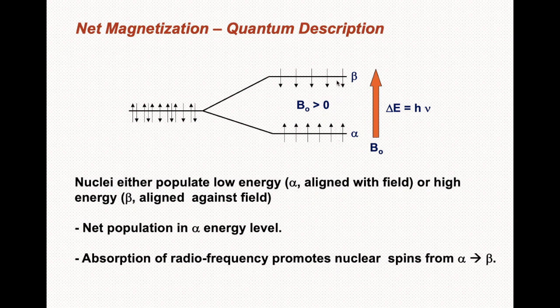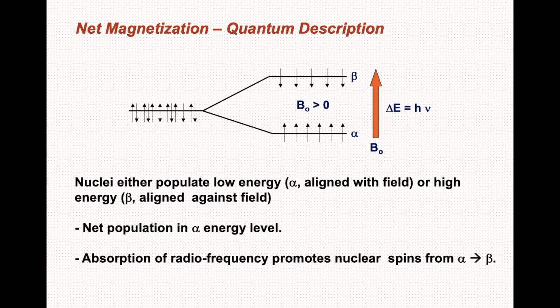When the frequency of the applied radiation, to be precise the radio frequency, matches the energy separation, the alpha spins will make a transition to the beta spin state by flipping their spin. In other words, alpha spins make a transition to the beta spin state upon absorbing electromagnetic radiation whose frequency exactly matches the energy gap between the alpha and beta spin states.